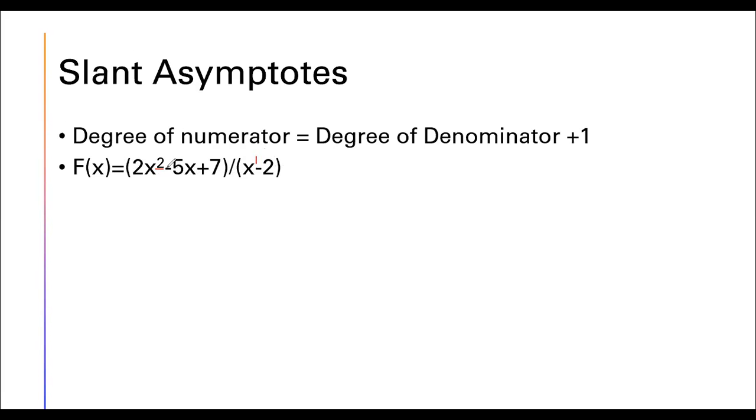So the degree of our numerator, 2, is 1 greater than the degree of our denominator, which is just x. In this case, we're going to have a slant asymptote. And then we have to figure out how we find that slant asymptote.